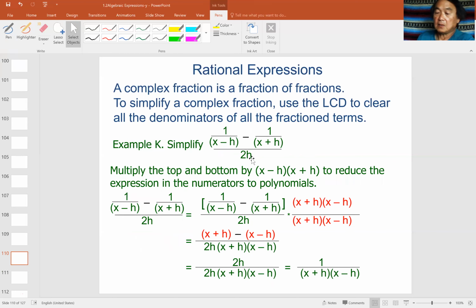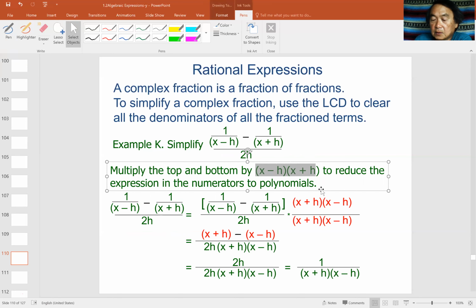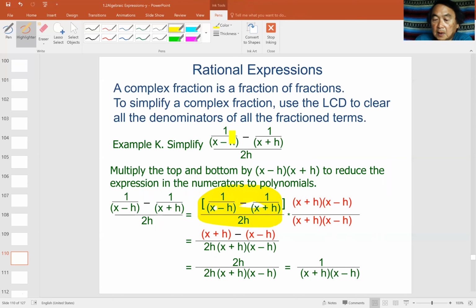Okay, then I simplify the 2 levels like a regular fraction. And this can be done with fractional formulas like this. Okay, so I'd like to read this particular one to see how the simplification works out. Using the common denominator x minus h, x plus h, I multiply the problem by the common denominator x minus h, x plus h.